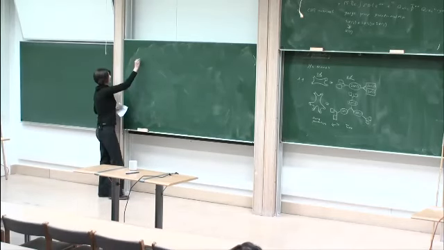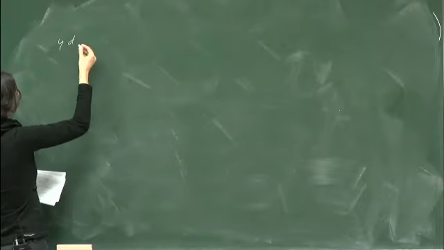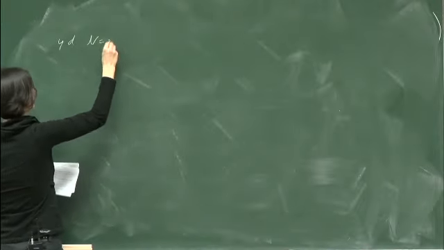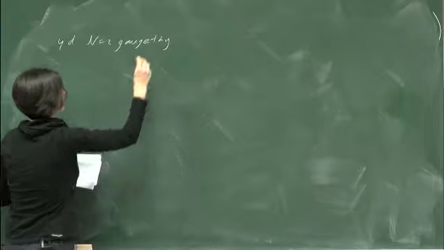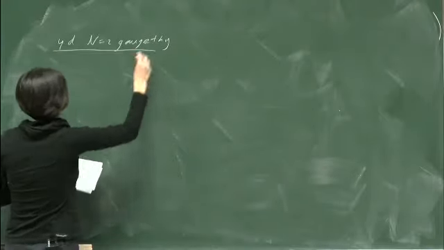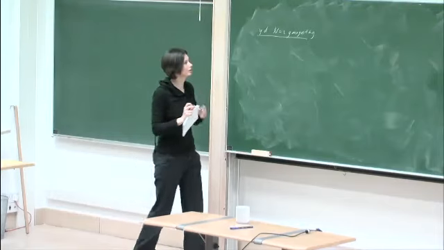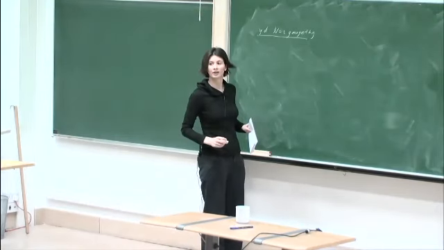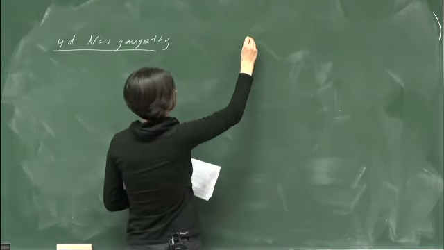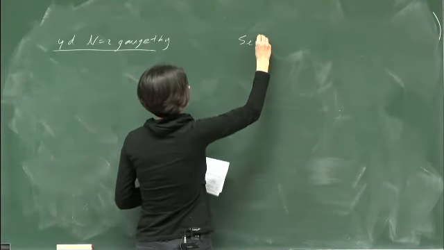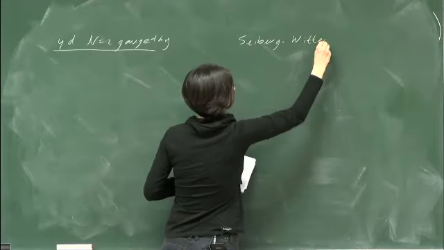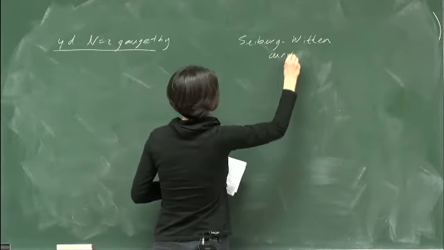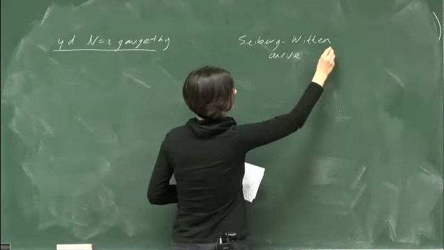So if we start with a certain four-dimensional N equals 2 gauge theory, we can look at its low energy behavior, and all the low energy behavior is encoded in a Seiberg-Witten curve, which is usually denoted by sigma.